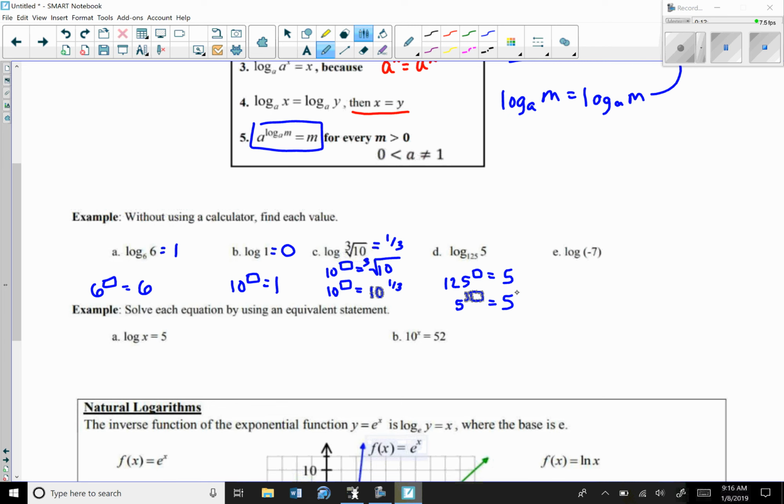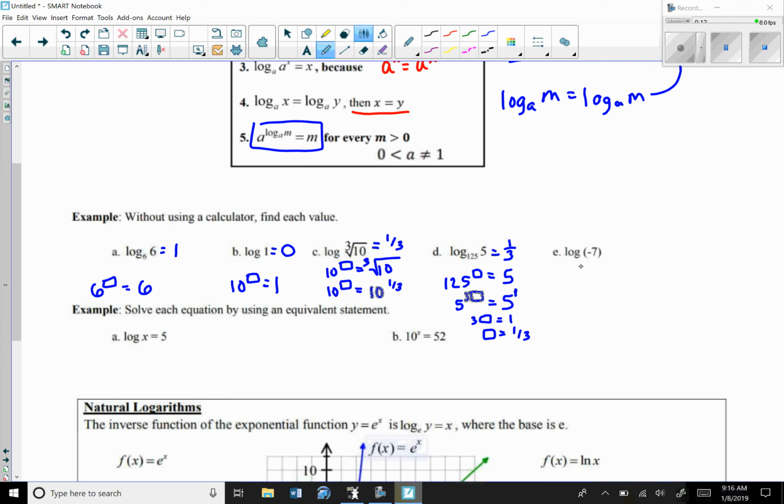Remember this is 5 to the power of 1, so if you have the same base, the exponents have to be equal, so we can just solve this. So 3 times something is equal to 1, so divide by 3, so that something is equal to 1/3. That means 125 to the 1/3 power, which means the cube root of 125, is actually equal to 5, and you can of course use your calculator to check that.